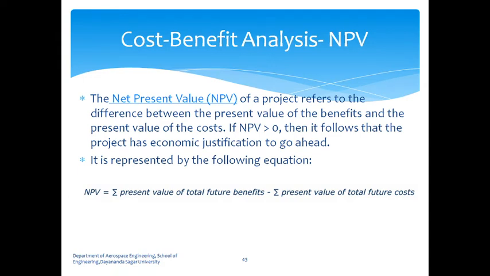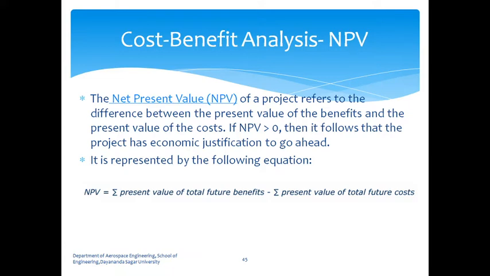Next one is the net present value. Again, more or less the same thing we discussed. In the earlier case you took the ratio, but here we are taking the difference, which means benefits minus cost. That is nothing but the profit for you.